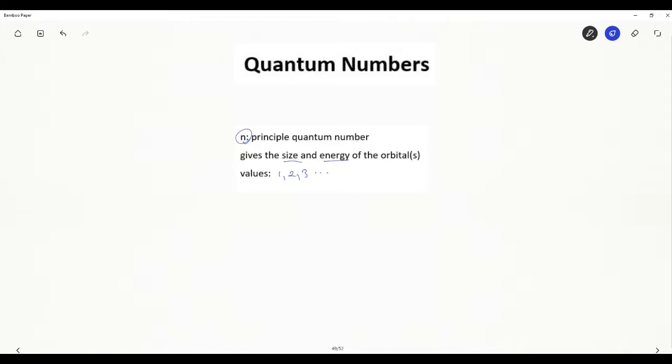Oftentimes, n is referred to as the orbital shell, or just simply the shell. Depending on your periodic table, you may notice on the far left that there are numbers in front of each row or each period on the periodic table. Those are the values of n for those rows.